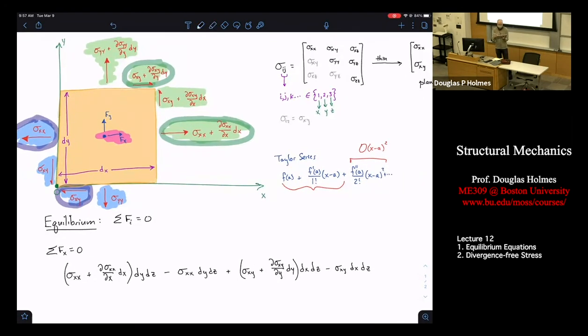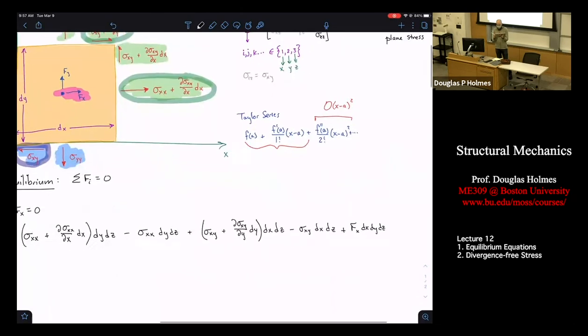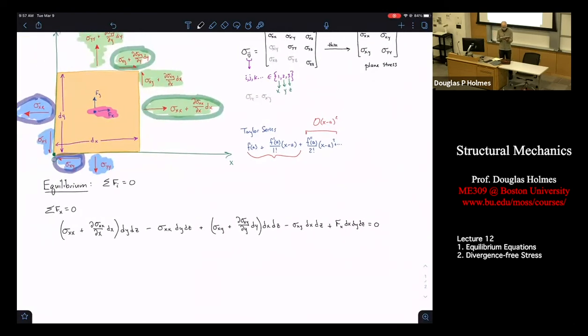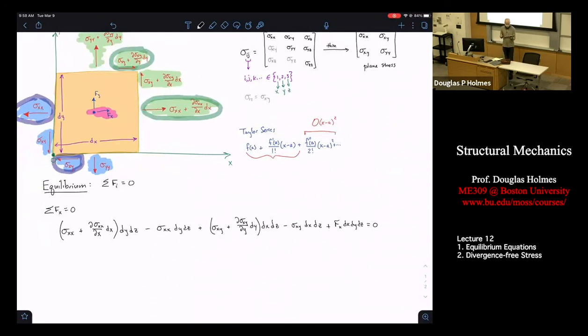And so that means we're going to add f of x times dx dy dz. And all that thing is going to equal 0.